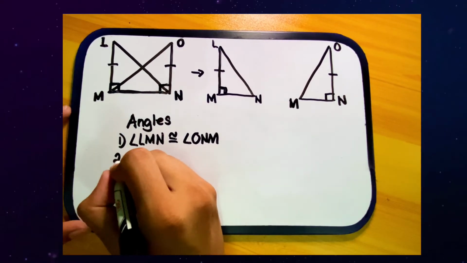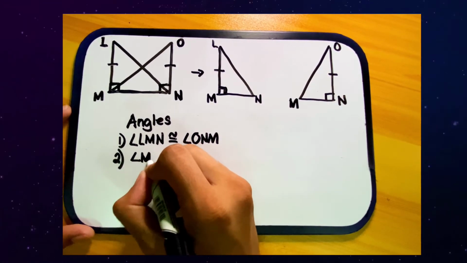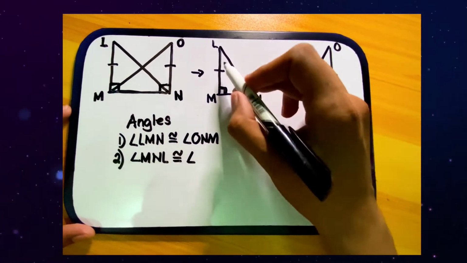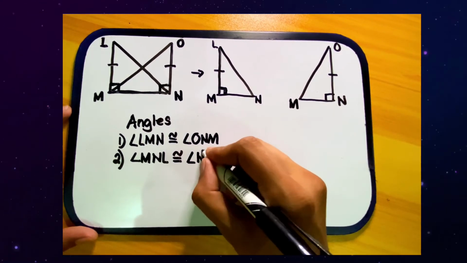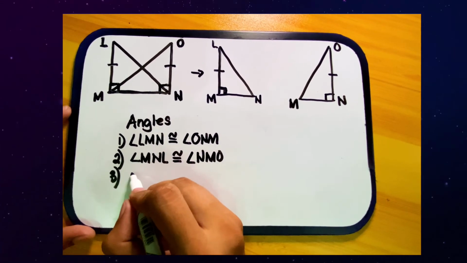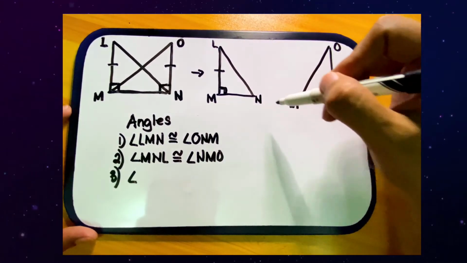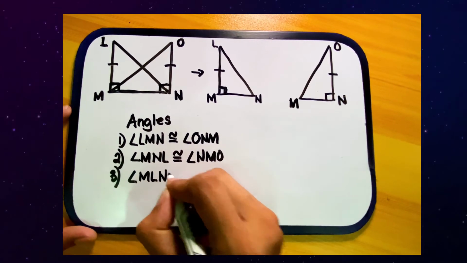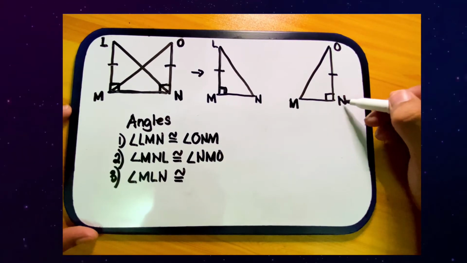Okay, next pair we have M and L. Angle MNL is congruent to NMO. And the last pair, angle MLN, here NOM.